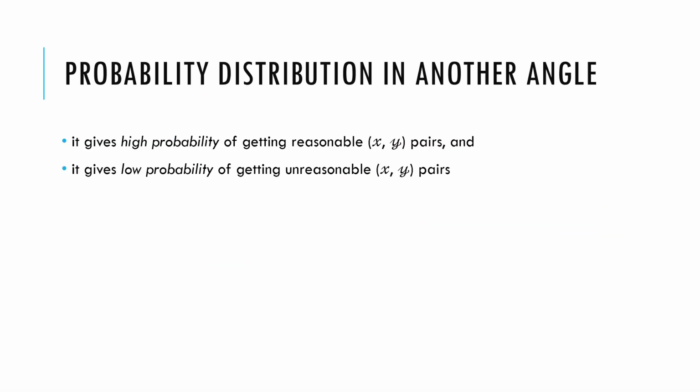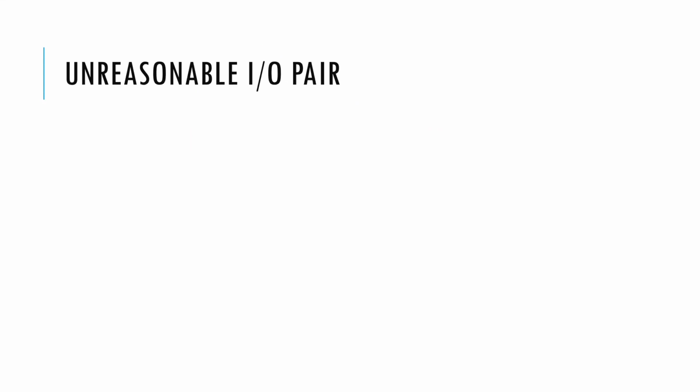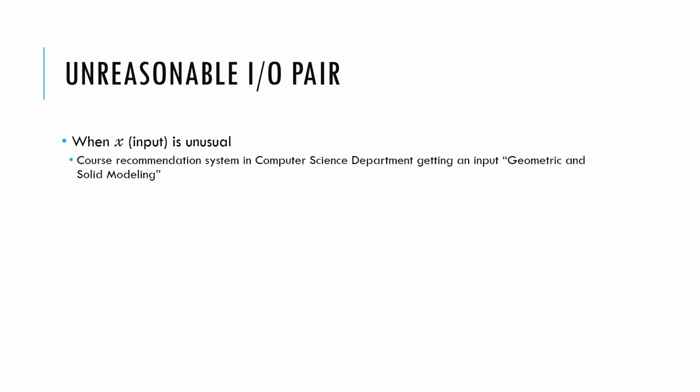To give you a more concrete example, and to see in which cases an input and output pair becomes unreasonable, let's consider the following. An input and output pair becomes unreasonable when X, the input, is unusual.